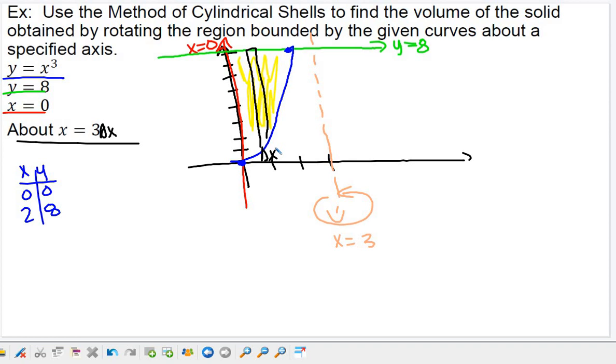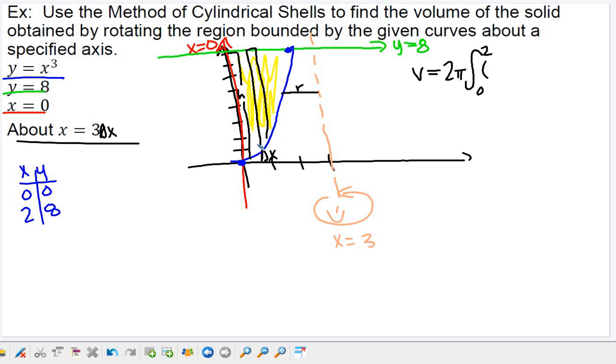Okay, so I have volume is equal to, okay, so distance from the axis of rotation is radius, and then my height runs here, okay? So 2 pi. If I'm integrating with respect to x, then my bounds have to be in terms of x, which means I go from 0 to 2, right? My radius comes next. So my radius is not just x.